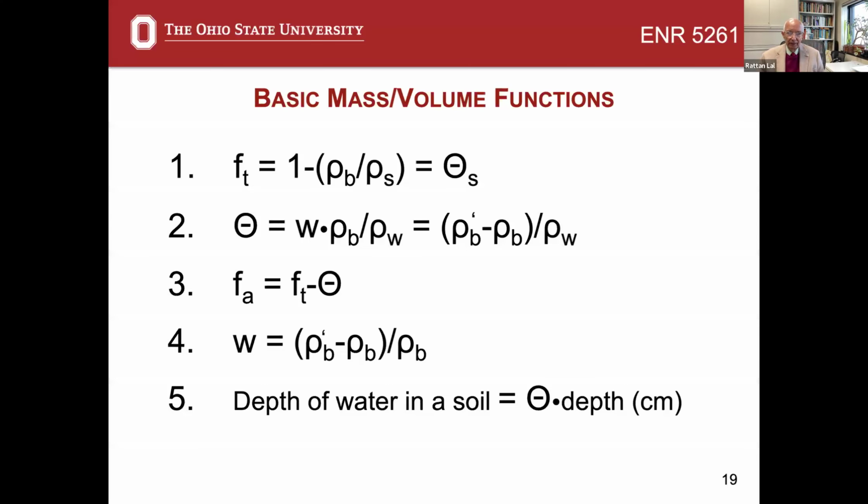So this is a very quick summary of the introduction of the basic mass-volume relationships, of which I've given you 5 equations in the last slide, which are very commonly used in most of the lectures that we'll be talking about for the rest of the soil physics class.